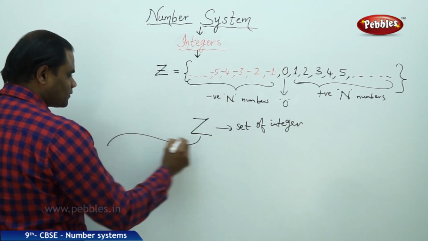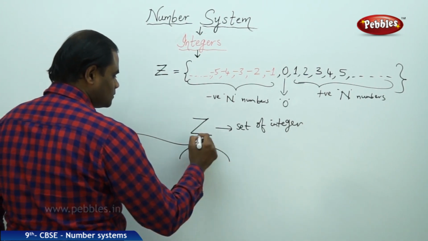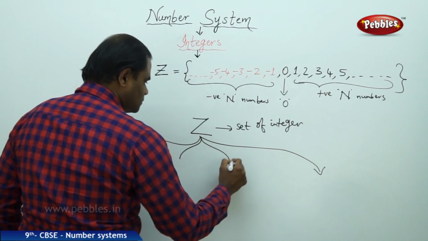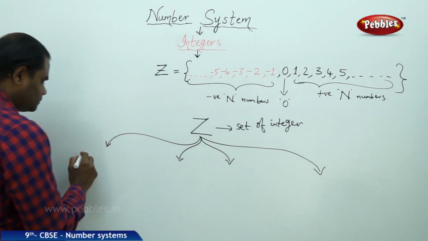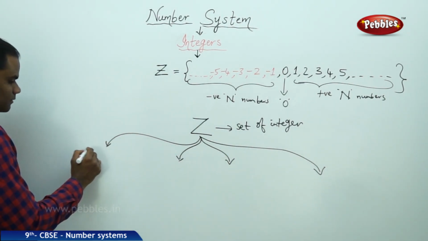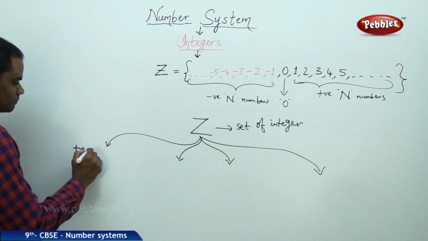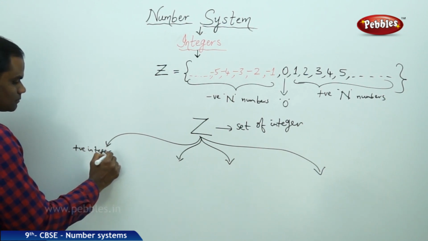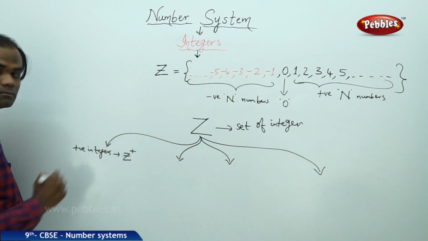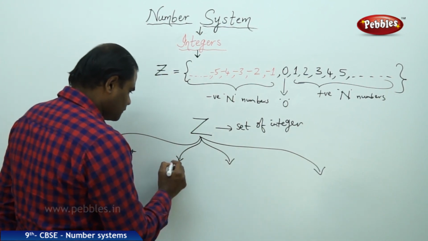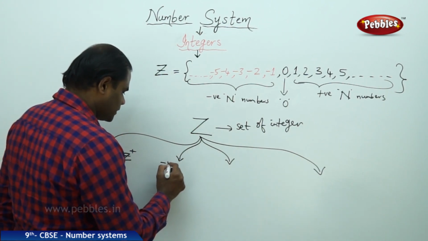Then I have 4 types of classifications for this. The first being positive integers denoted by Z plus. And next is negative integers denoted by Z minus.